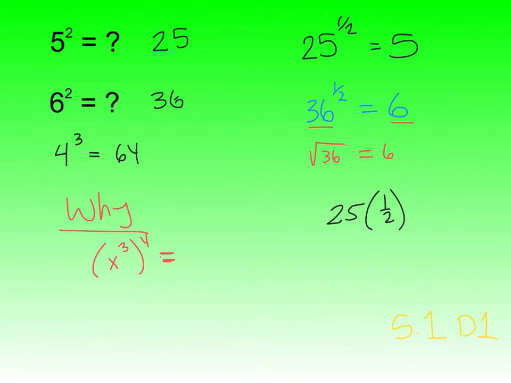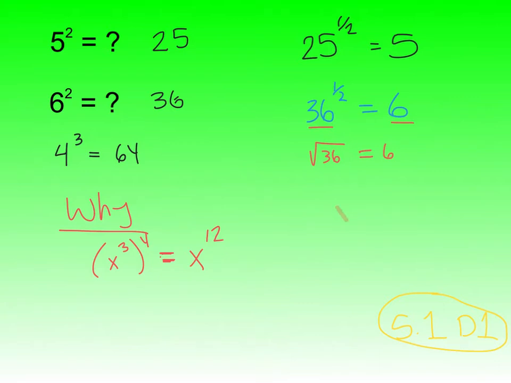Go back and look at your notes and find the properties of exponents. We discovered that x to the third to the fourth would actually become x to the 12th, because you'd multiply the 3 and the 4.